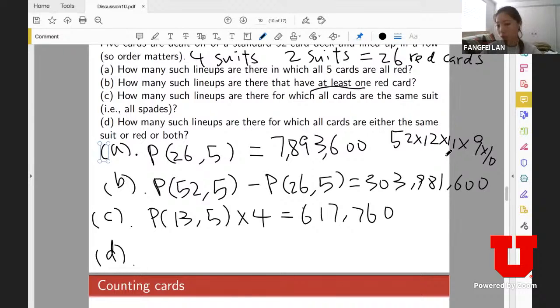So I was just thinking you could choose any card from the whole deck, and then after you take one out, there's 12 left of that suit. And then after you pick another one from that suit, it's 11, and it just keeps going down. Okay, I see.